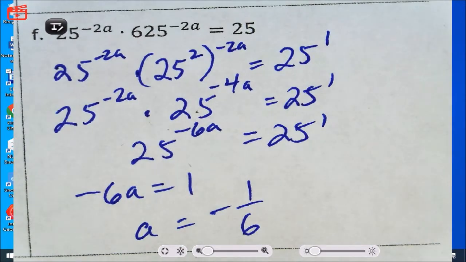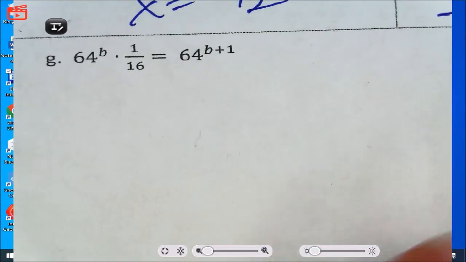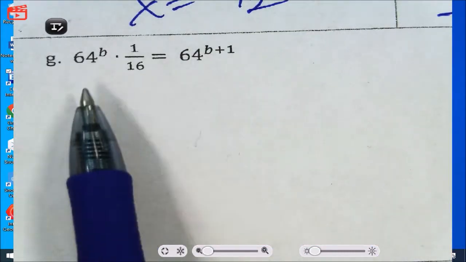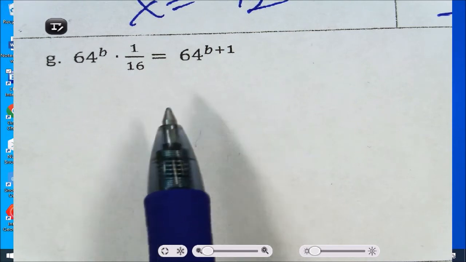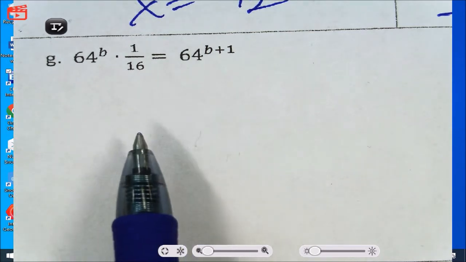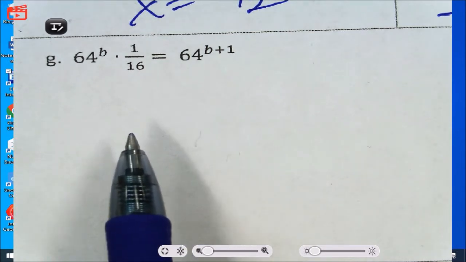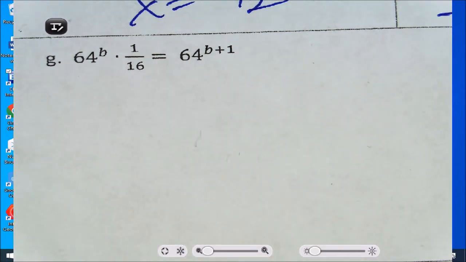But you are welcome to use the smallest base if you want to. That is perfectly fine. In fact, in G, the smallest base is 2, but I want to use 4. But if you want to use 2, that is perfectly legit. And if you want me to do it both ways, I can.